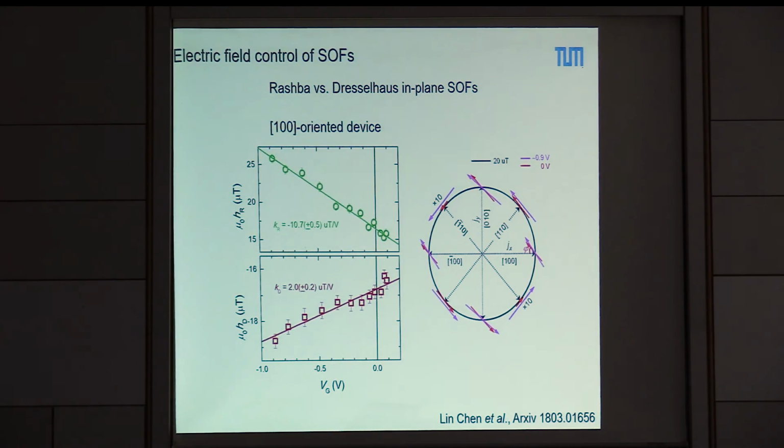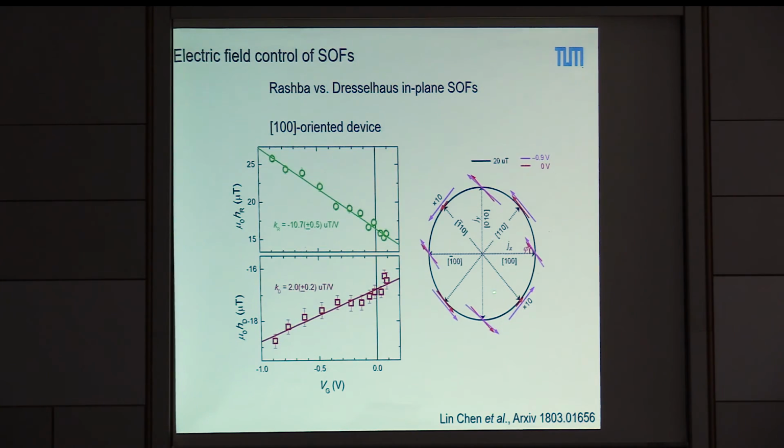Now from this you can again look at the efficiency of the change of the Rashba-Dresselhaus field as a function of gate voltage, and you can see it's -10 here and +2, and this is something that we don't really understand actually.